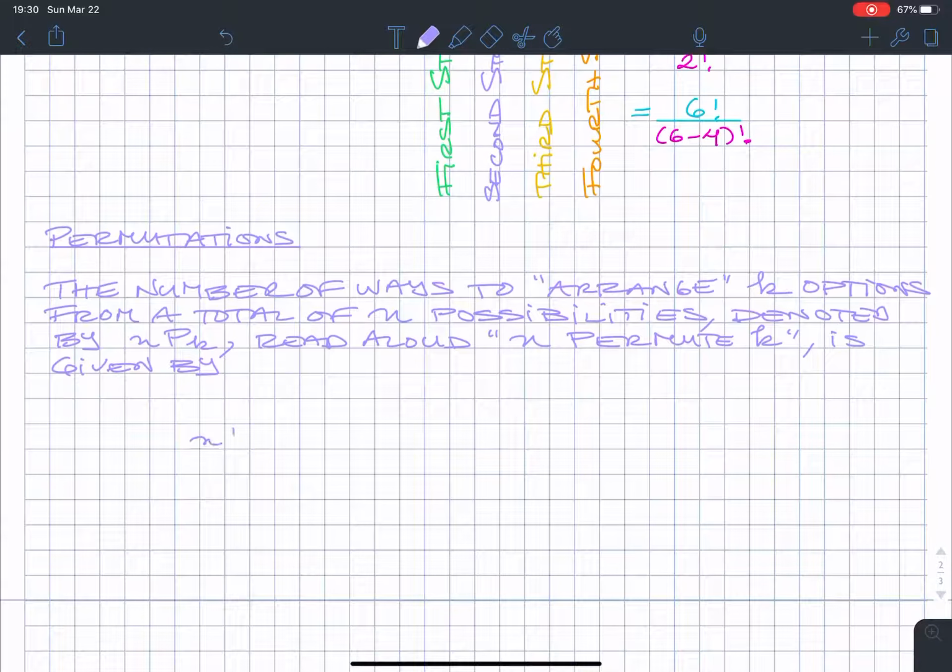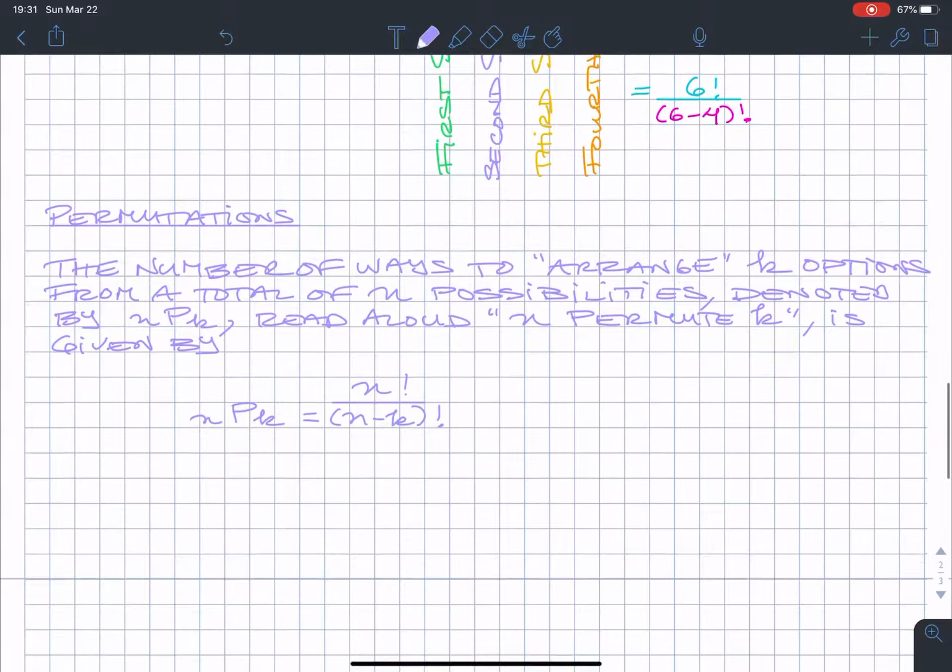So n permute K is actually n factorial divided by the quantity n minus K factorial, as we saw above.